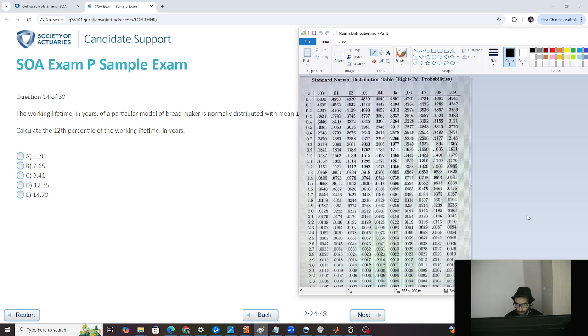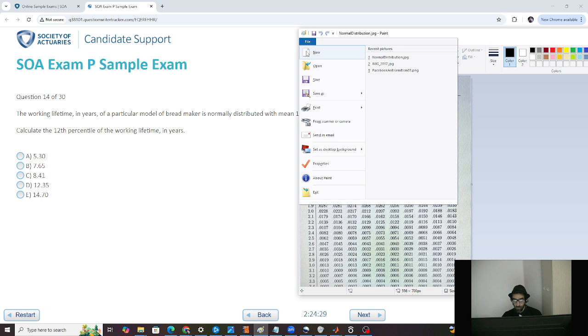We've got a standard normal table. To get, okay, these are right tail probabilities. Fine. 12th percentile would be like 1.175 as a z-score.